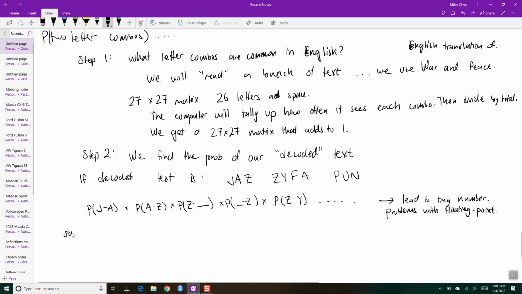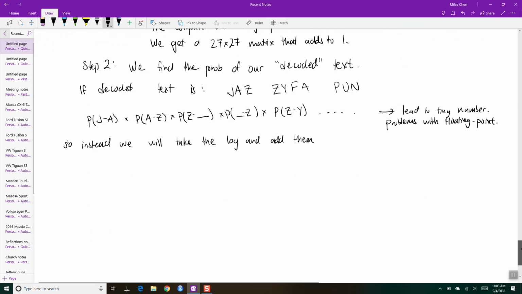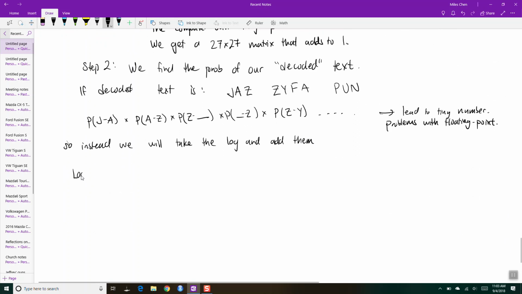So instead, we will take the log and add them. The log probability will equal the log of the probability of JA plus the log of the probability of AZ plus dot, dot, dot.